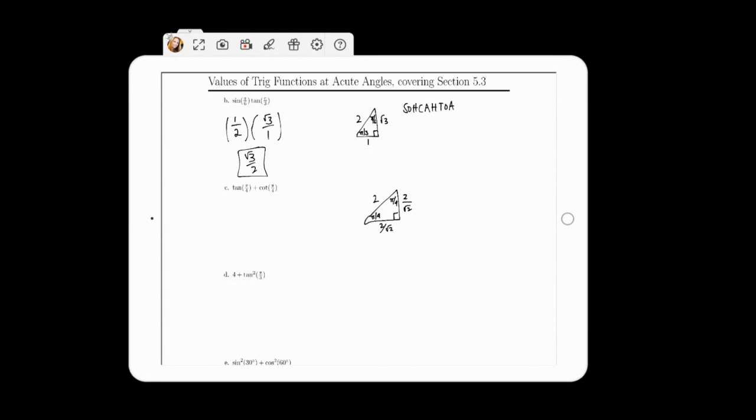So you remember it like that, for example. Now we can see that the tangent of pi over 4, which is the opposite over the adjacent, is 2 over root 2 over 2 over root 2. That's 1. And then the cotangent is the reciprocal of tangent. So that's 1. So totally 1 plus 1 equals 2. Okay?